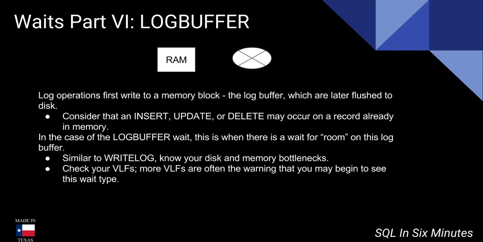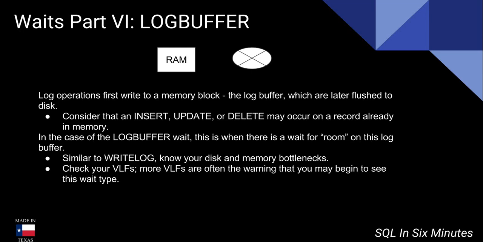Okay, so in the case of the wait type, where it is a log buffer wait type, this is when there is a wait for room or space on that log buffer piece in memory. So this is similar to write log, and the reason why you'll often see them together is, let's say there's a bottleneck on the disk, and it's waiting to write that log information to disk.